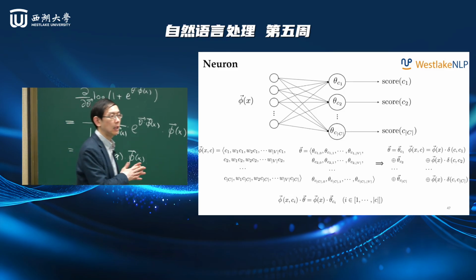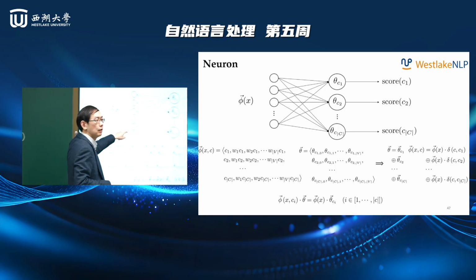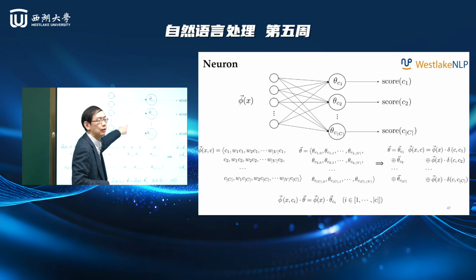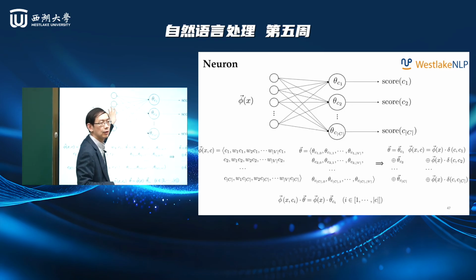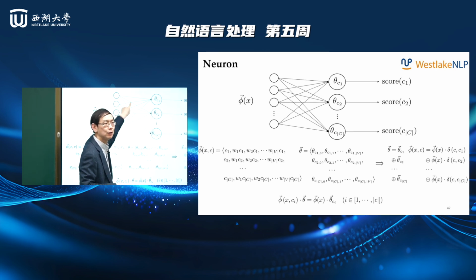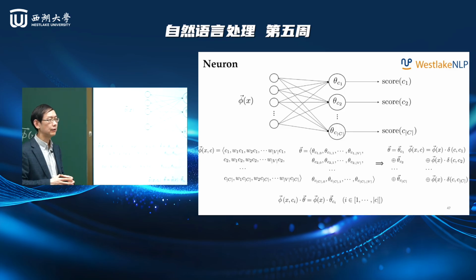Once you see that, you can turn this into the second form. I put phi x on the left, and I put each theta c into a neuron. C different neurons. So that's a multi-class classification way.